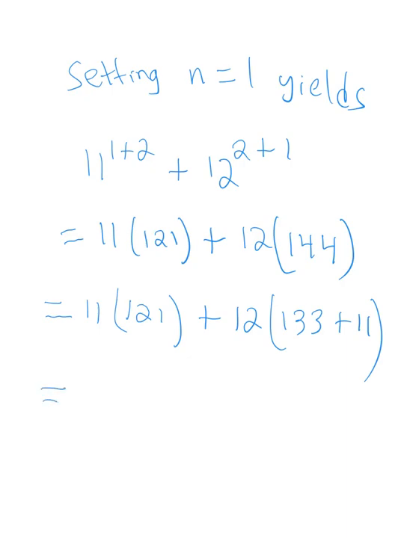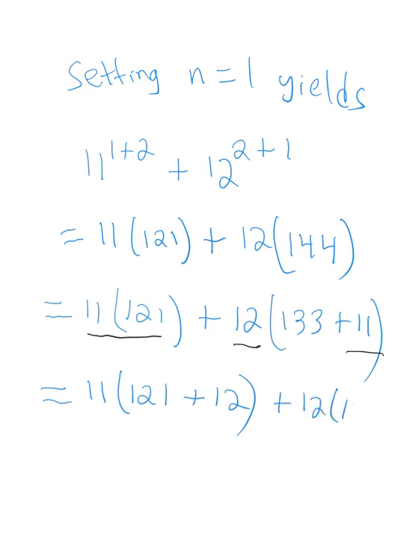So if I gather all the terms that have an 11 on them, we have 11 times 121 plus 12, because again we have 11 times 121 and 11 times 12. And then we have 12 times 133.